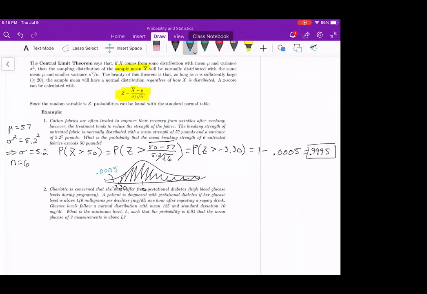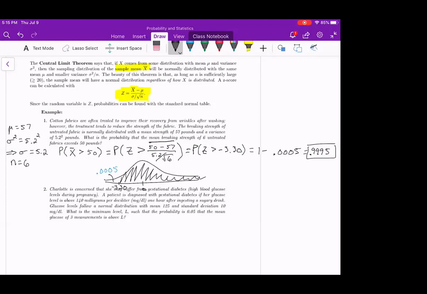Let's take a look at the second problem. I know some of you may have started, and that's fine. It says, Charlotte is concerned that she may suffer from gestational diabetes. A patient is diagnosed with gestational diabetes if her glucose level is above 140 milligrams per deciliter 1 hour after ingesting a sugary drink.